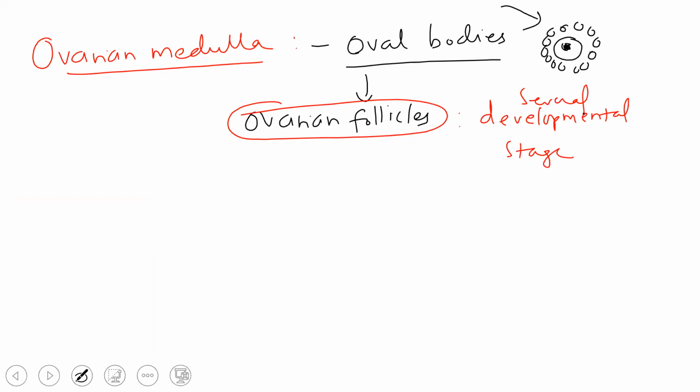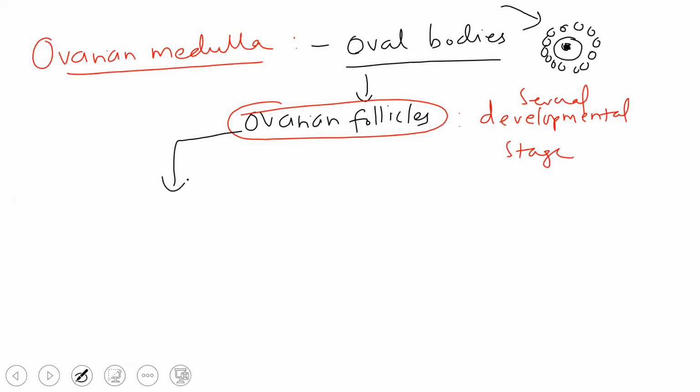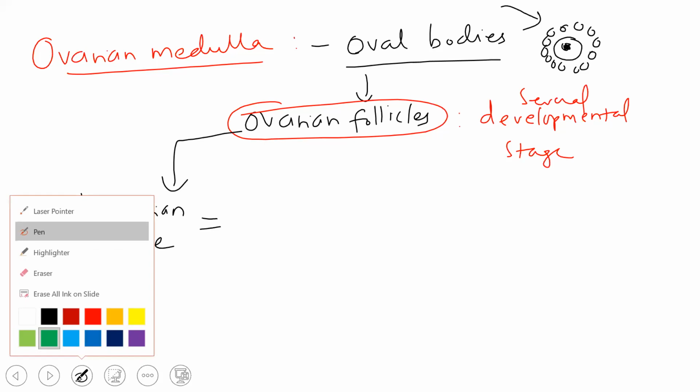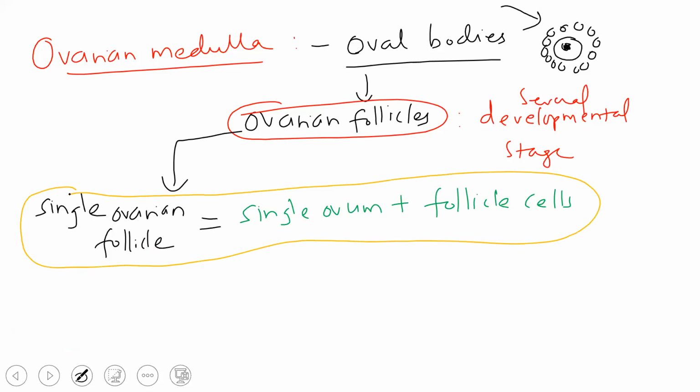Now, what is a follicle? Remember, a single ovarian follicle will be equal to a single ovum plus follicle cells.